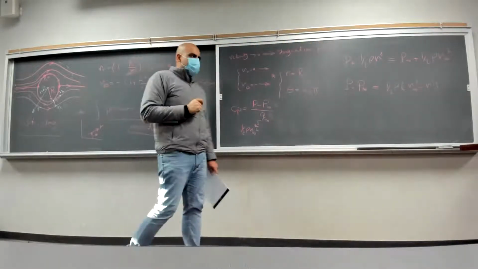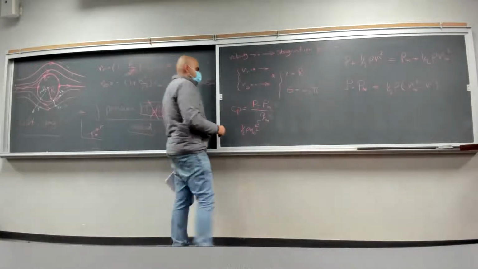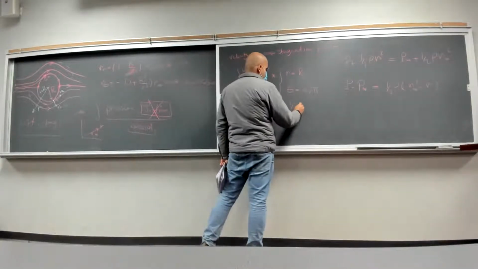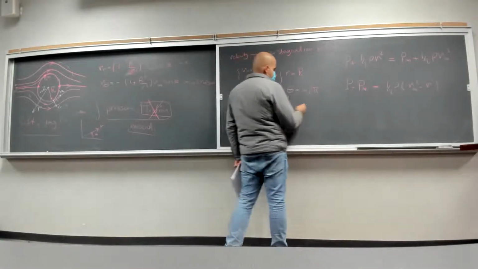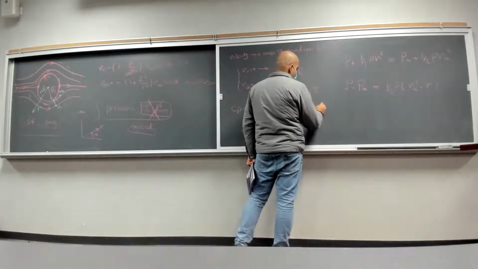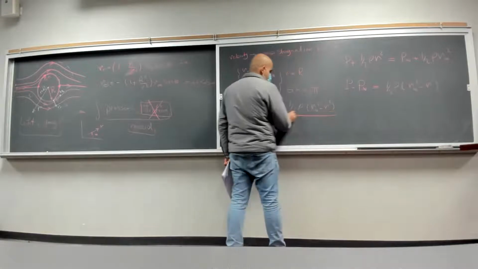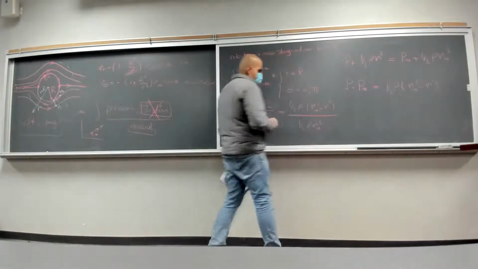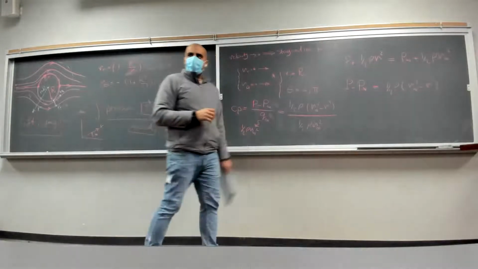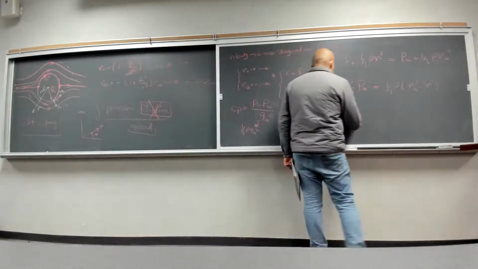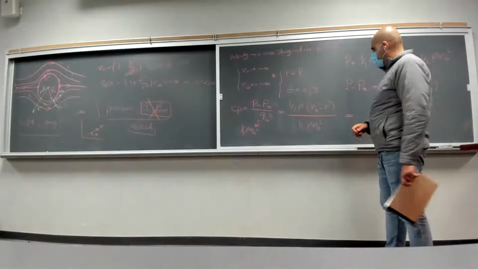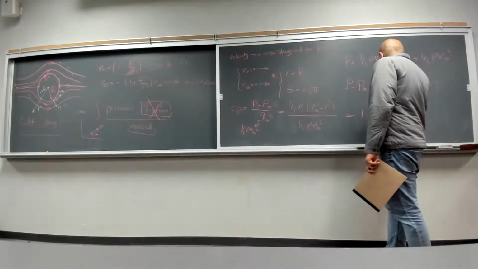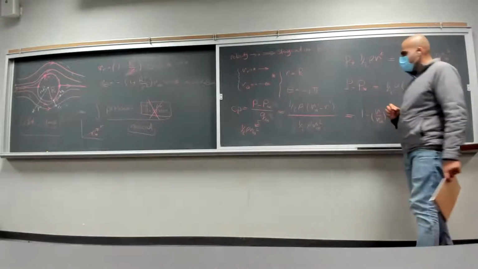Does this make sense? So let's substitute that here. In the numerator, we're going to get 1/2 rho times V infinity squared minus V squared, divided by 1/2 rho V infinity squared. The 1/2 rho will cancel out. And we can essentially simplify this to 1 minus V divided by V infinity, squared.